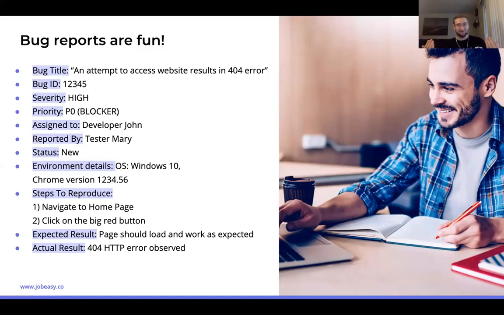Because if there's a mismatch, it means something is not working right. If something is not working right, we need to report it to the developers because they need to fix it. And if we do that, we save the company millions of dollars worth of profit.